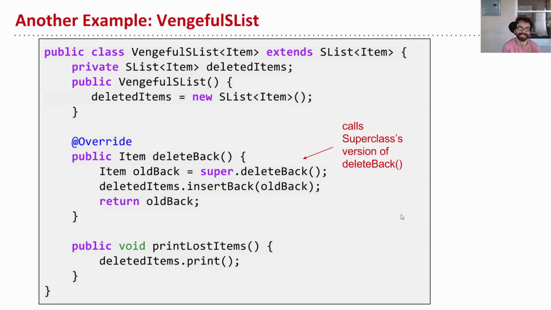I don't know what that means. Anyway, it has all of these things of an SLList. Okay. So we have a constructor we built that sets up a holding tank, a delete method which deletes an item, stores it somewhere, and returns the deleted item, and finally a print method that prints all of the lost items. Okay? And remember that super just means call the version of deleteBack that goes with the superclass.